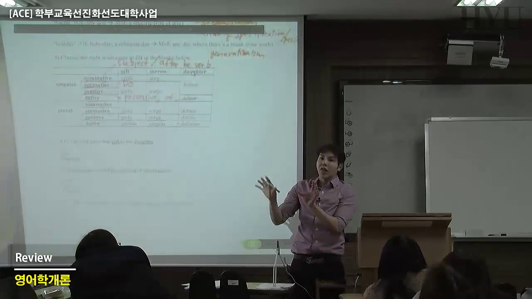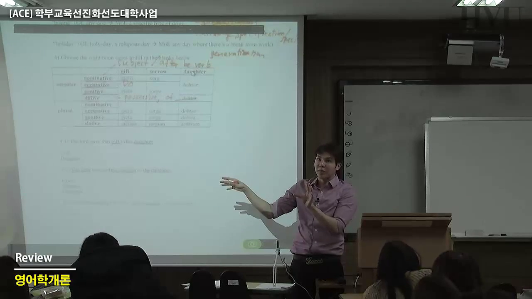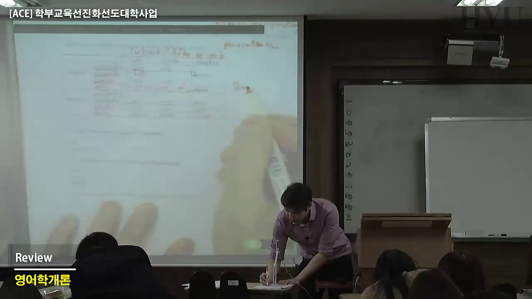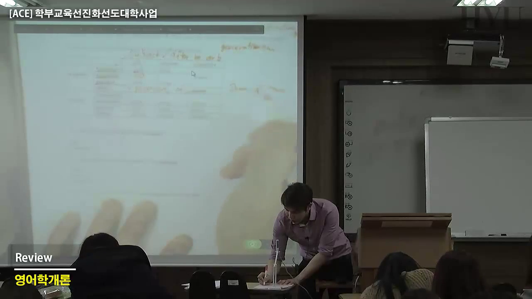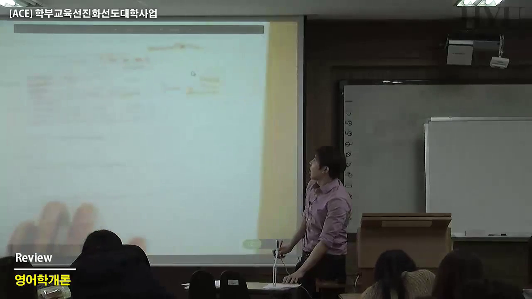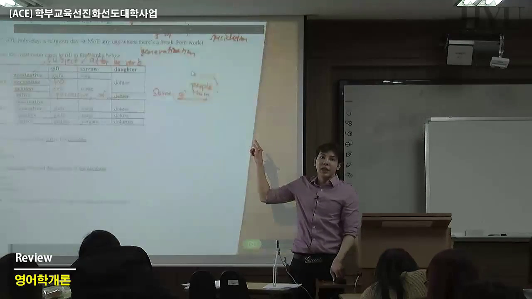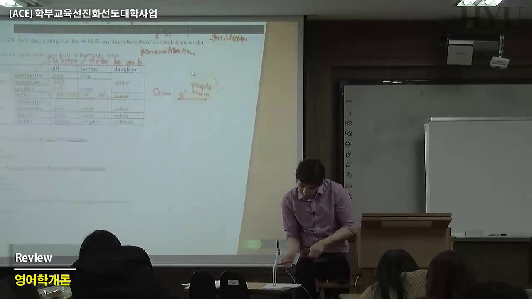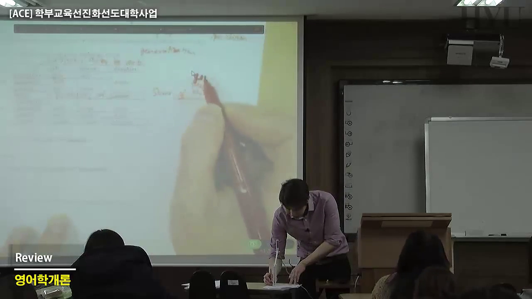Let's say some of them, or some of the people. Here, the part after of should be in the possessive, genitive case.